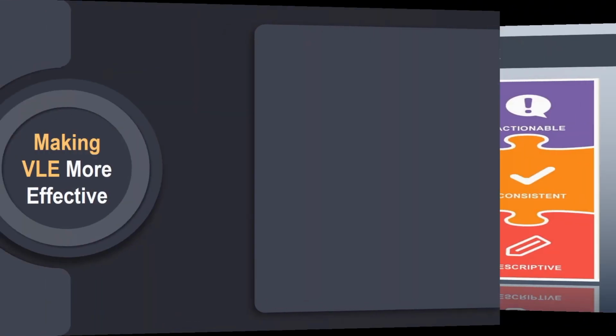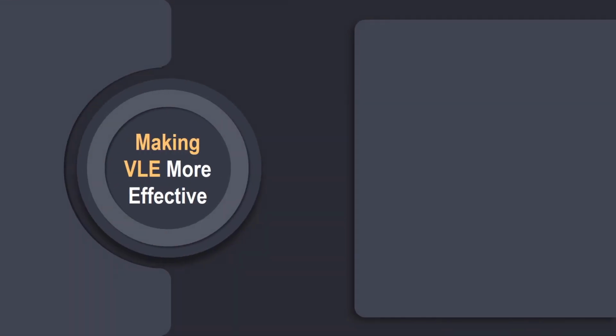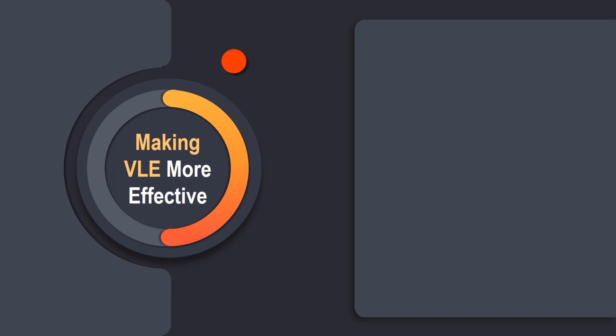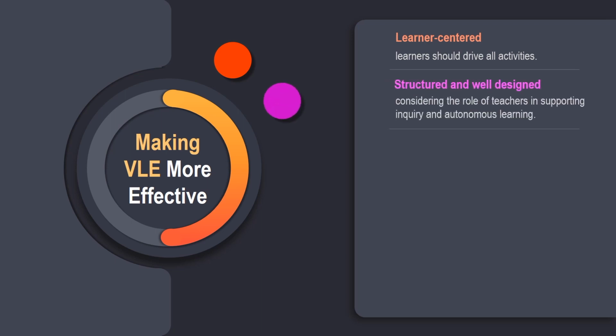So, how do we make this virtual learning environment more effective, so that the students are motivated? Make it learner-centered. The learner should drive all the activities. You should make it structured and well designed, considering the role of teachers in supporting inquiry and autonomous learning.